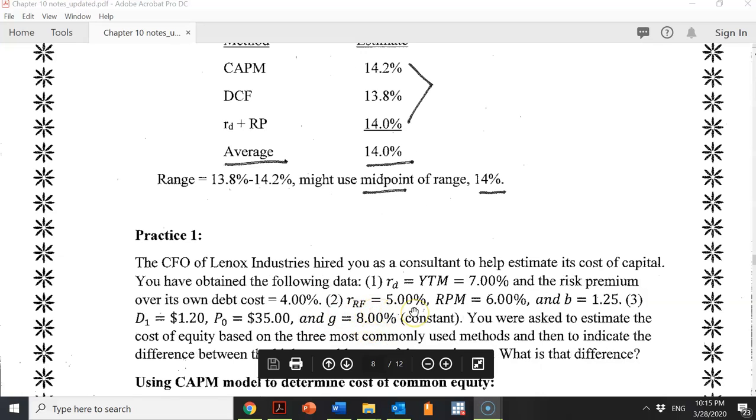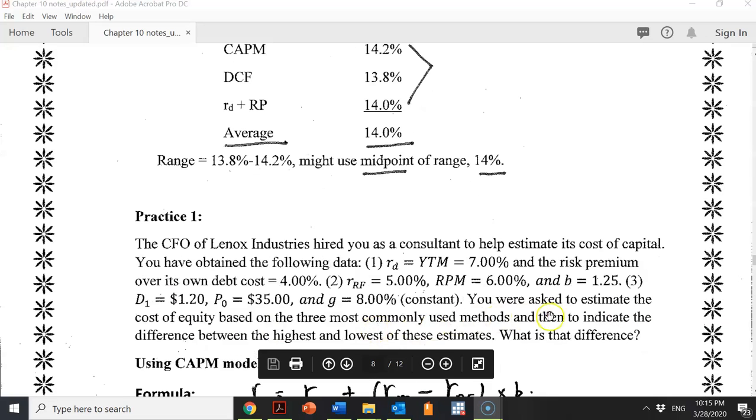The risk-free rate is 5%. Market risk premium, RPM, is 6%. Beta is 1.25. D1 is 1.2. P0 is 35. g is 8%. You are asked to estimate the cost of equity based on the three most commonly used methods, and then to indicate the difference between the highest and lowest of these estimates.